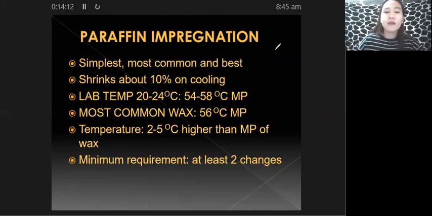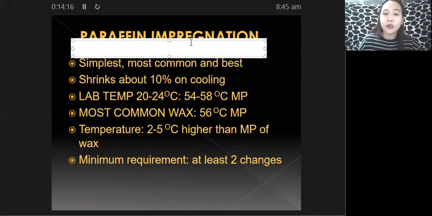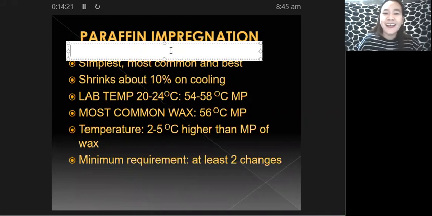One thing you have to remember is that the most important characteristic of your paraffin wax that we have to consider is the melting point.